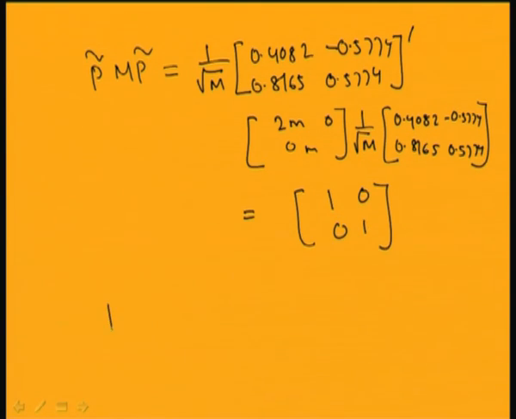Similarly, you can check that you are getting P weighted modal matrix transpose K P. So, this becomes equal to K by M, 0.5, 0, 0, 2.